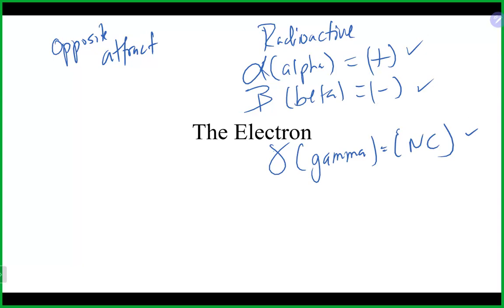So a lot of what they did is they took advantage of using some of these radioactive particles, or just particles with charges, and the idea that opposites attract. For example, if you had an electrical field with a positive and a negative side, you can figure out what charge a particle stream has based on how it interacts as it goes through the field.